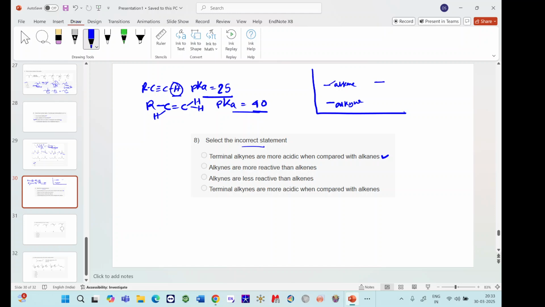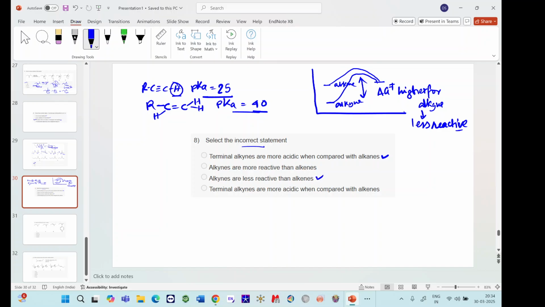So somehow the delta G double dagger for the transition state is higher for the alkyne. So they are less reactive. So this is also a right comment.